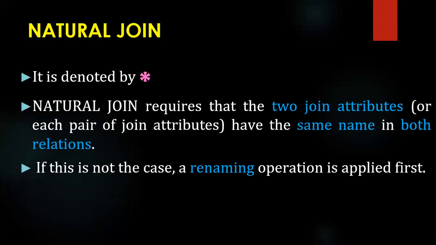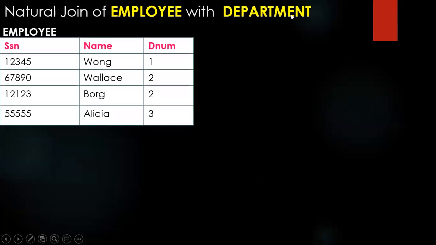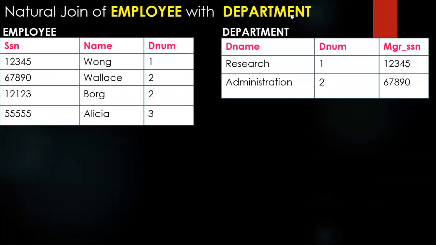Then natural join will not treat those two columns as identical. It identifies the attribute names as identical only if they have the same spelling. So what we need to do is rename the attributes. Let's see one example to apply natural join on employee and department. Assume this is the employee table and this is the department table. Natural join automatically searches for the identical column name.